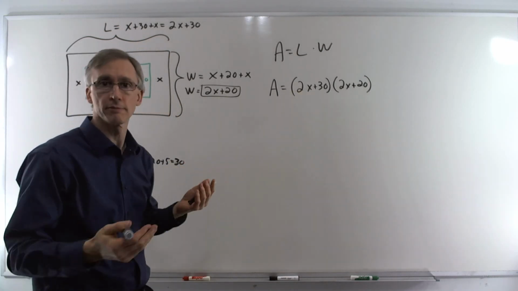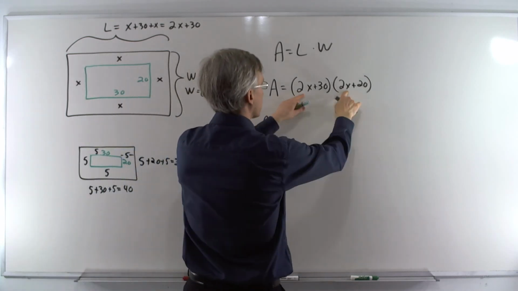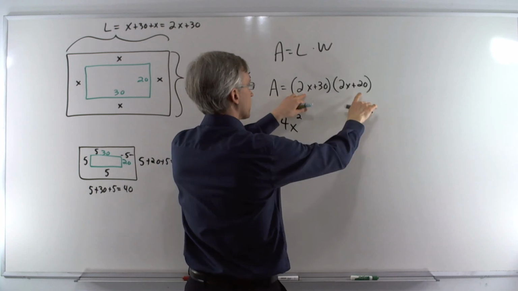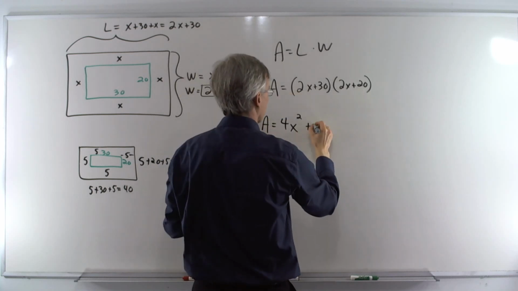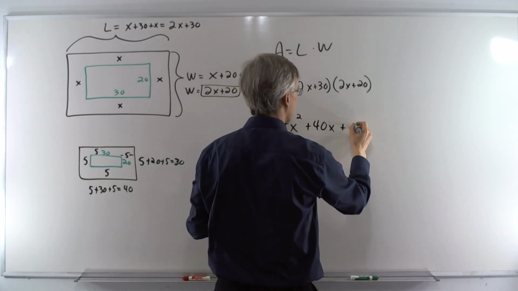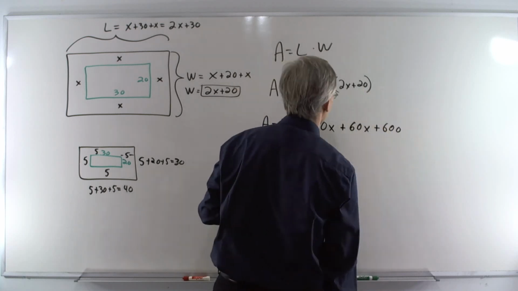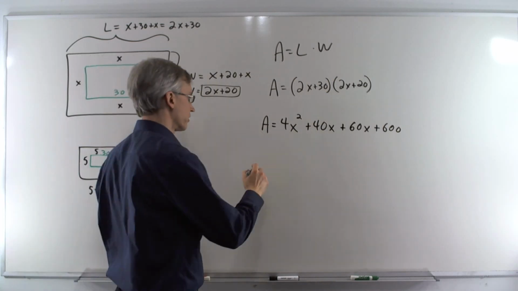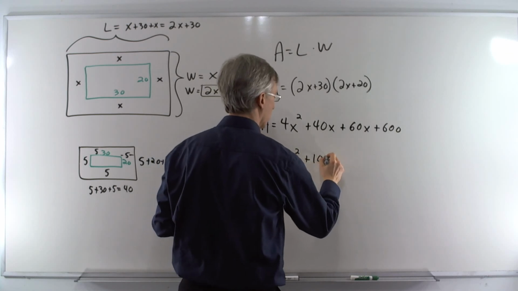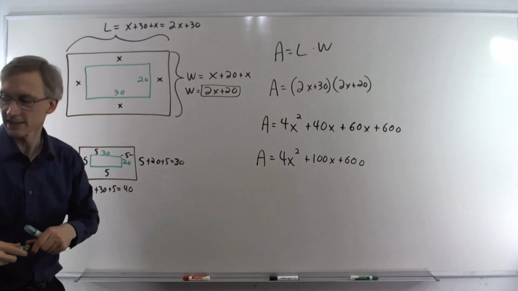Now we've got two binomials multiplied by each other, so we use the FOIL method. 2x times 2x, that is 4x squared. Outside, 2x times 20, 40x. Inside, 30 times 2x is 60x. Last, 30 times 20 is 600. Combining like terms, we get 4x squared plus 100x plus 600.